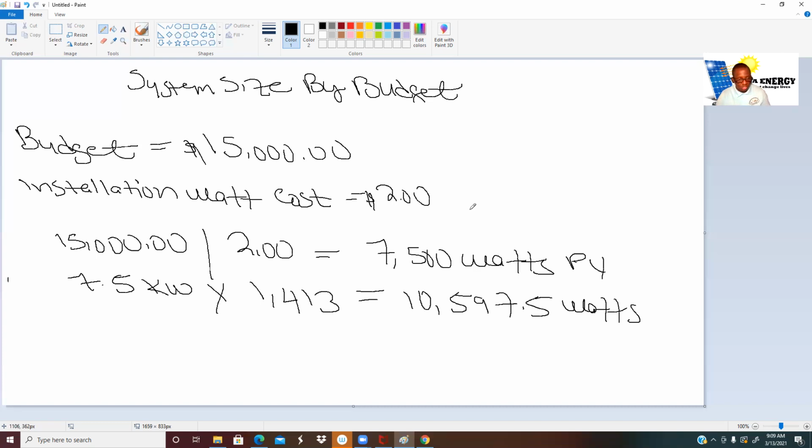So your custom system size is 10.6 kilowatts. That's the system size.